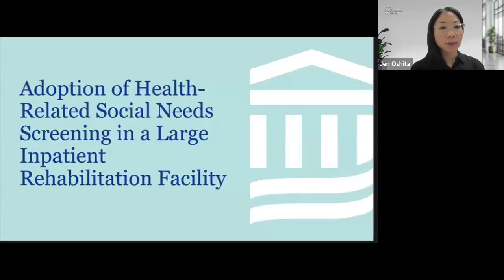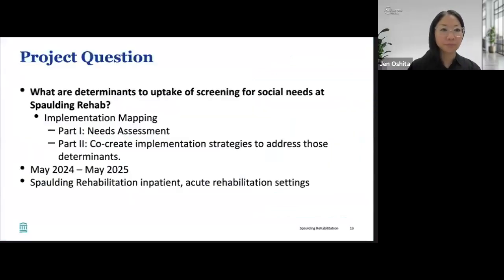So now that brings us locally to Spaulding Rehab and our project, Adoption of Health-Related Social Needs Screening in a Large Inpatient Rehab Facility. So this was a 1-year project beginning in May of 2024, and Spaulding Rehab had already piloted screening for social needs back in 2023.